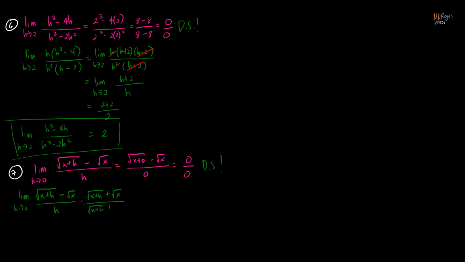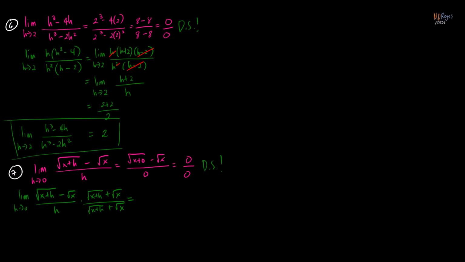So in this case, we're just multiplying the given function by 1. If we simplify this, this is just equal to 1. So we are not actually changing anything in the function. Okay, so multiplying square root of x plus h minus square root of x by its conjugate. To find the conjugate, we simply change this sign to positive.